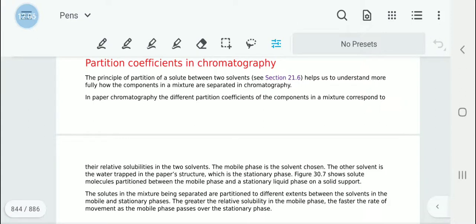If the relative solubility in the mobile phase is greater, the faster would be the rate of movement when the mobile phase passes over the stationary phase.